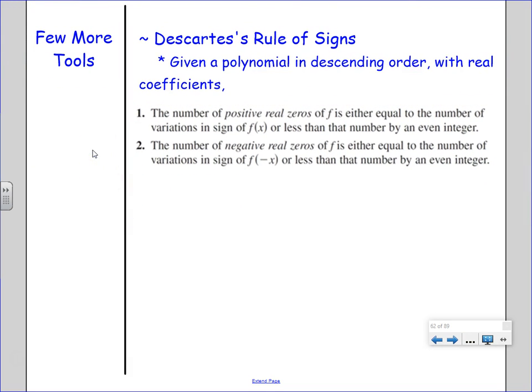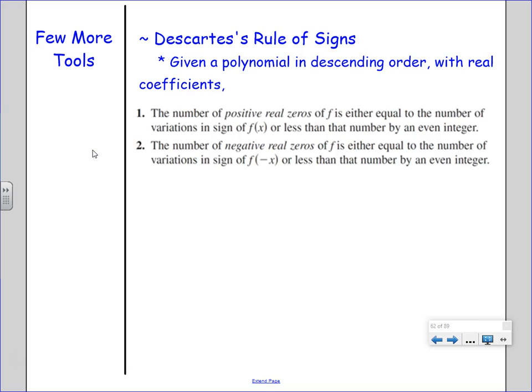Descartes, the same mathematician behind the Cartesian plane and Cartesian point plotting, the whole x-y axis idea of having horizontal and vertical components to describe something's position, made games like Battleship possible. But he wasn't thinking that back many moons ago. Descartes came up with, or his work resulted in, the rule of signs.